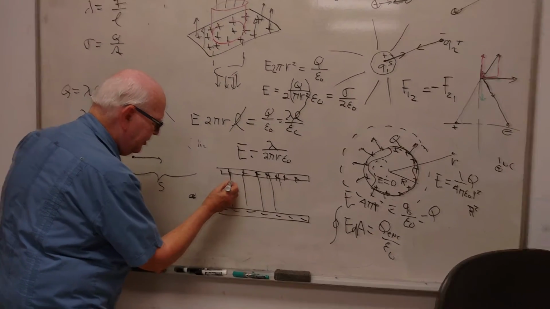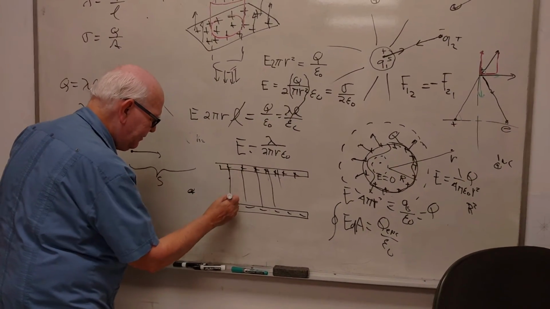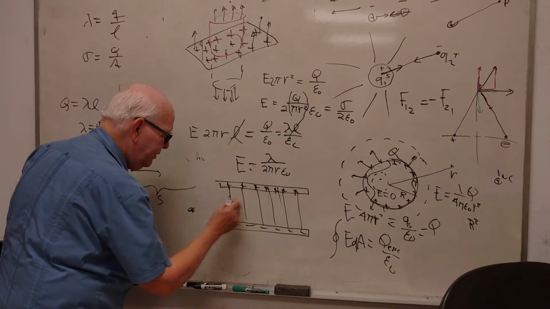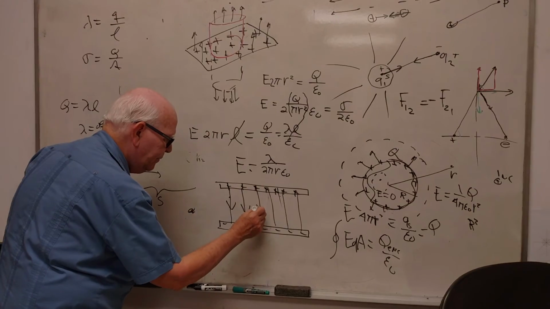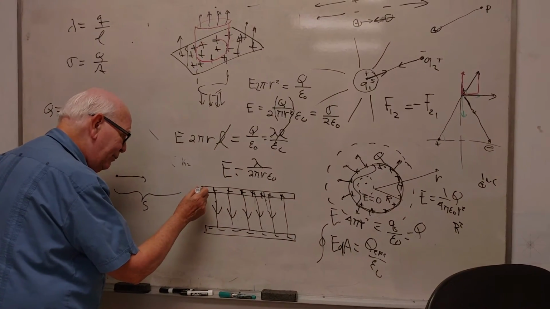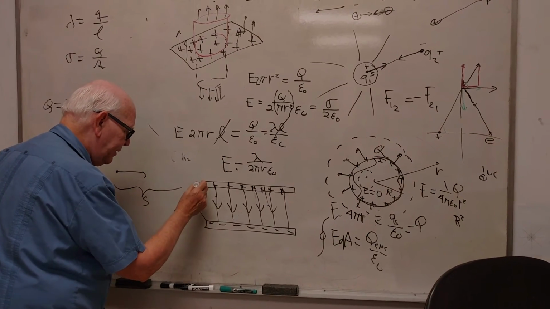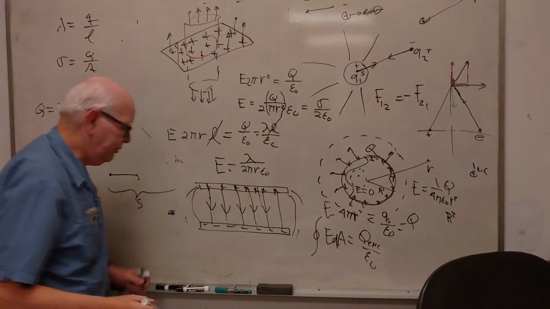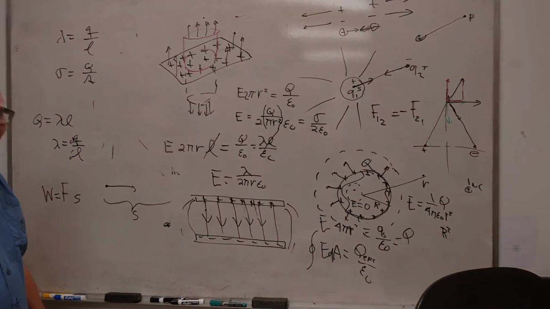You know, you put a test charge here, it's repelled by the plus and attracted by the minus. So when you have a homogeneous field, the lines are parallel and equally spaced. There's some escape here. Yeah, there's what they call fringe effects, but we ignore that. So the formula is approximate because there's going to be some lines that escape.